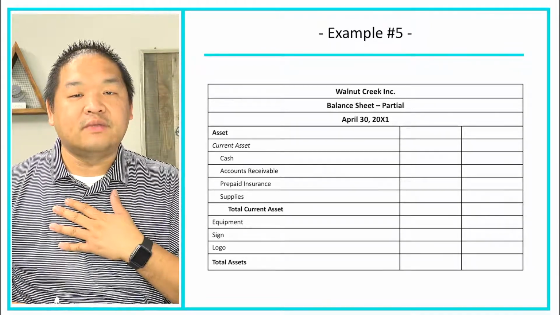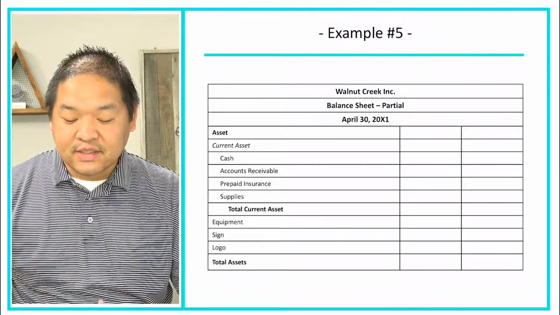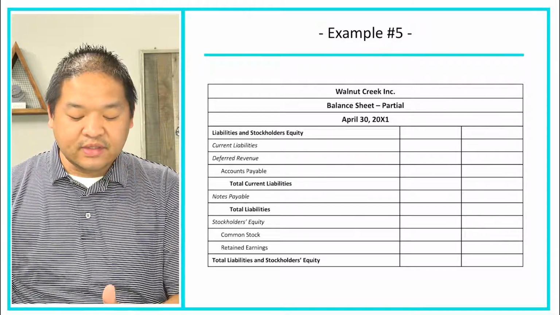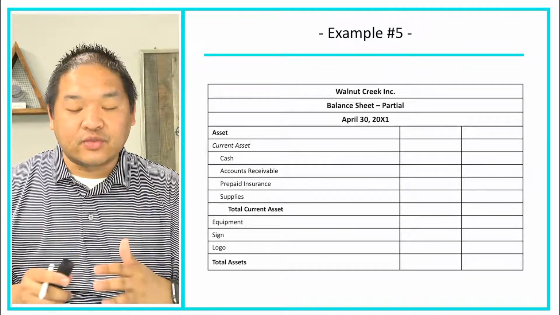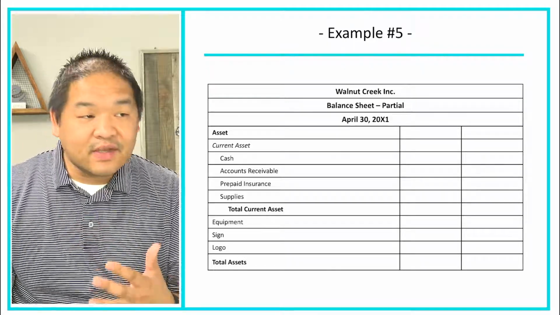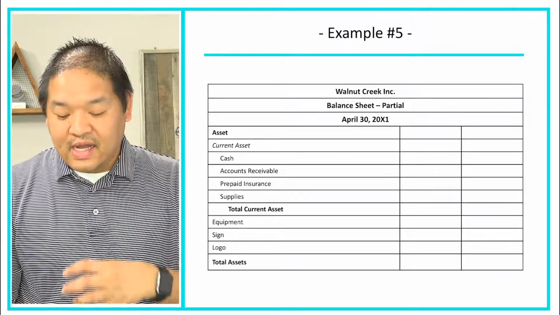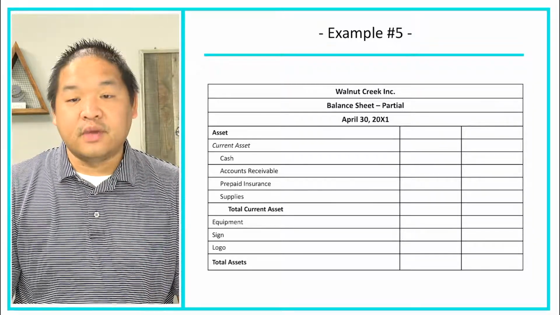Now, what I've done, just from a space standpoint so that I can actually write in the boxes, is put the assets on one slide, and then my liabilities and stockholder equity on the next slide. That's why it says balance sheet partial at the very top. Remember again that this is easy because I've given you all the accounts on the left-hand side to follow. I've given you your header, but if you had to create this from scratch, you'd have to create it from scratch.